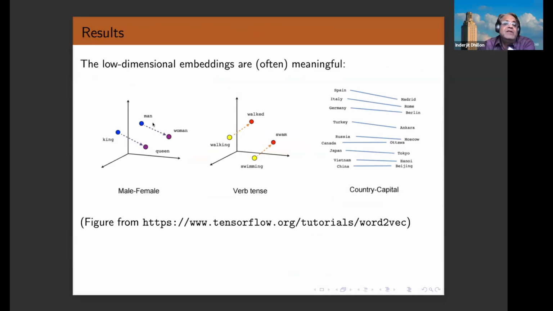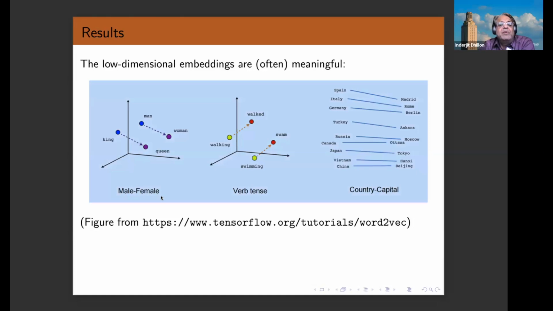One of the interesting things people found is that there were some really interesting relationships once you got these vectors. They found that king minus queen was equal to man minus woman, so that captures male, female.